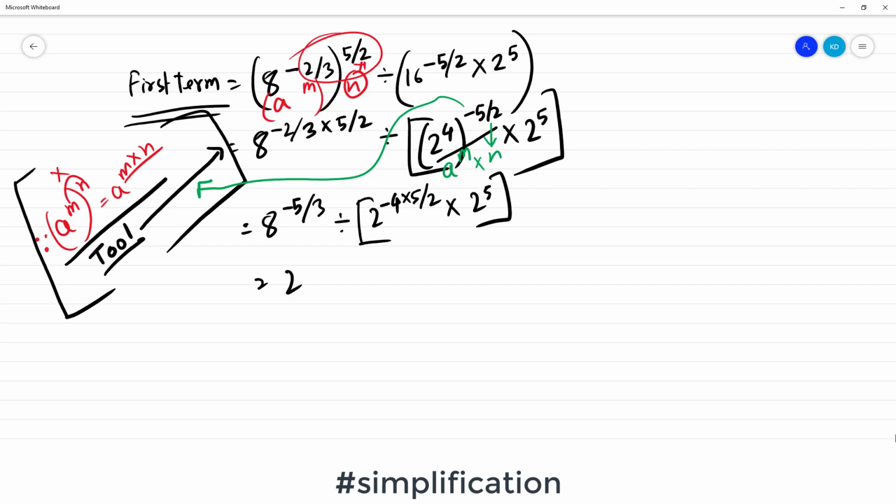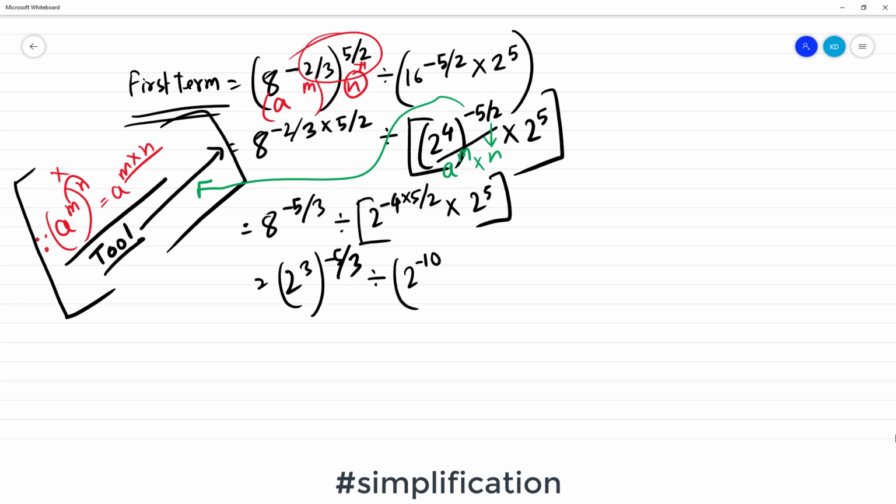Now you can understand this one: minus 5 by 3, this is a power and this is also a power. So the same formula, the same notation, is applicable here.